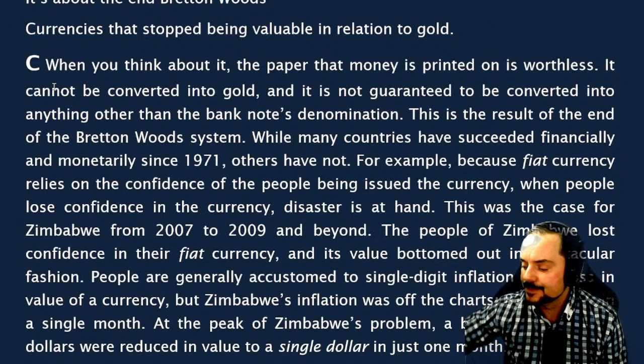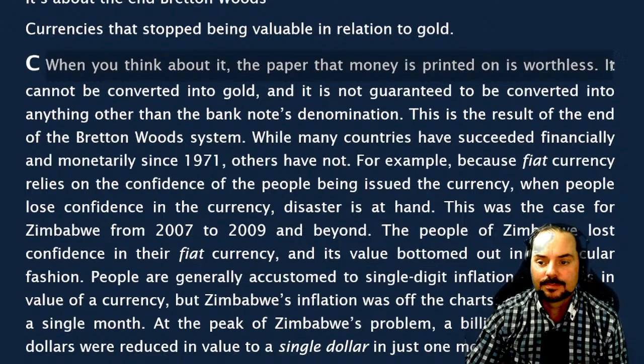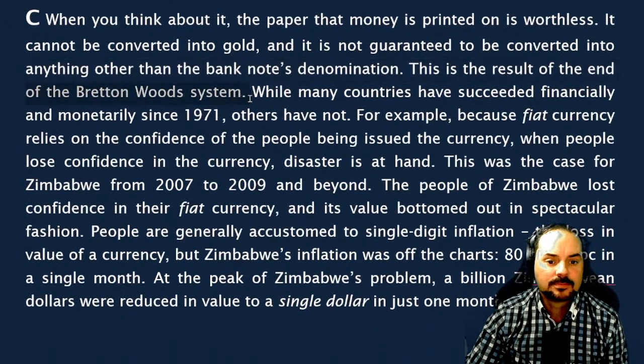Okay. When you think about it, the paper that money is printed on is worthless. It cannot be converted into gold, and it's not guaranteed to be converted into anything other than the banknote's denomination. This is the result of the end of the Bretton Woods system.